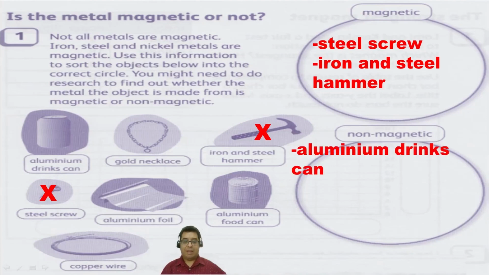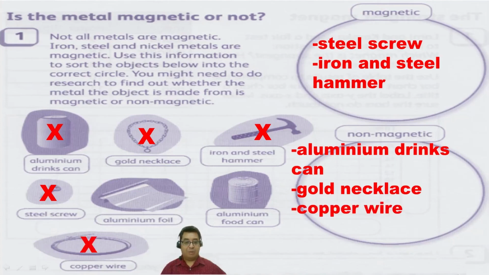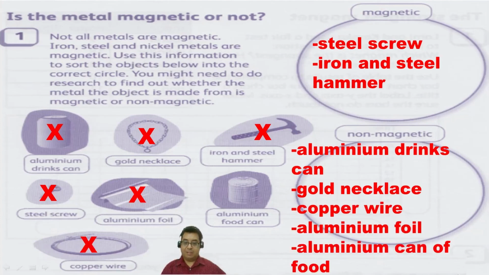Then for non-magnetic, we got aluminum drinks can, gold necklace, and yes, believe it or not, gold is not magnetic. You can look that up. Copper wire, which we talked about earlier, aluminum foil, and of course the last one here, aluminum can of food, or you can call these aluminium if you'd like.